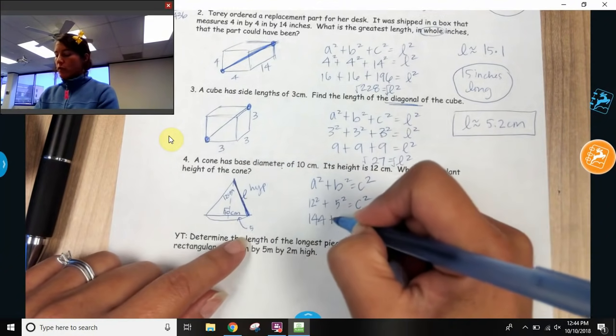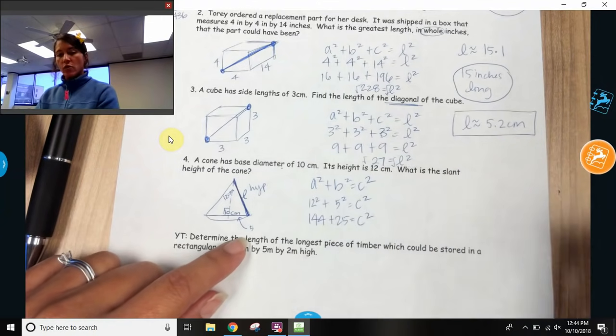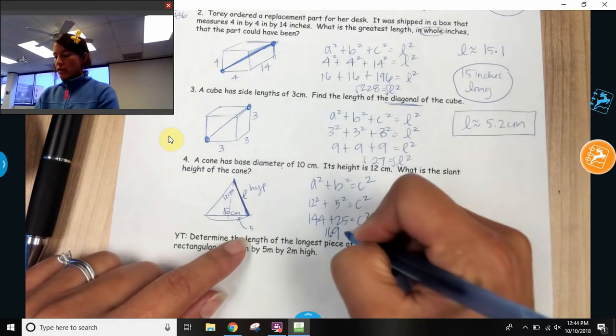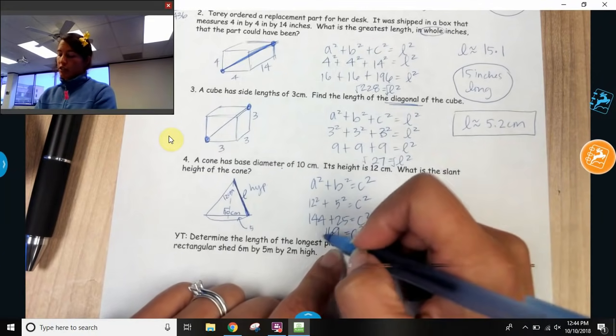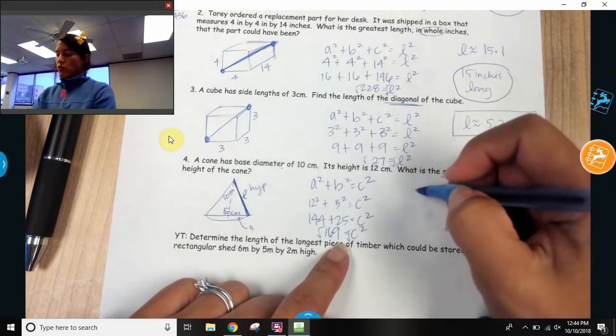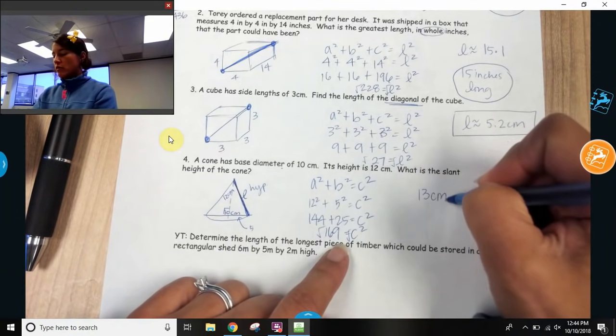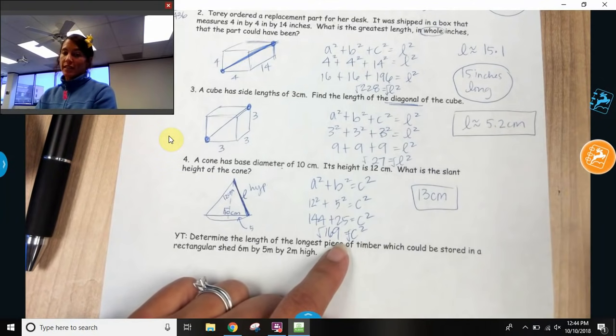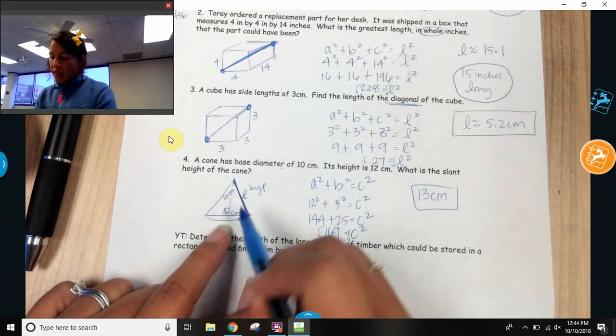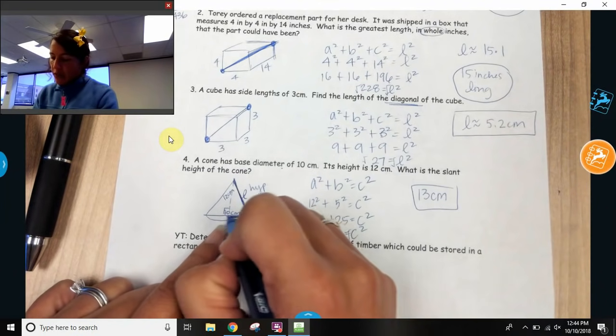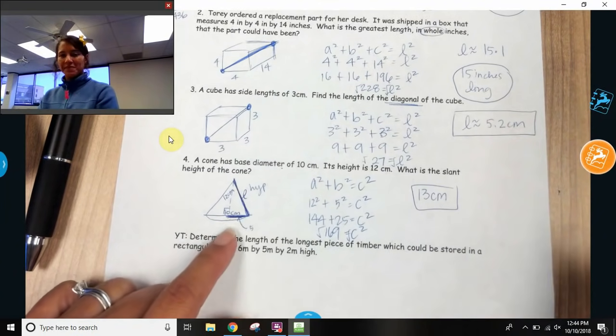And 144 plus 25 equals c squared. This is 169. Now, I know this is a Pythagorean triple, 5, 12, and 13, so the correct answer would be 13 centimeters is the slant height. And again, I got 5 because I only wanted half the diameter to make this right triangle.